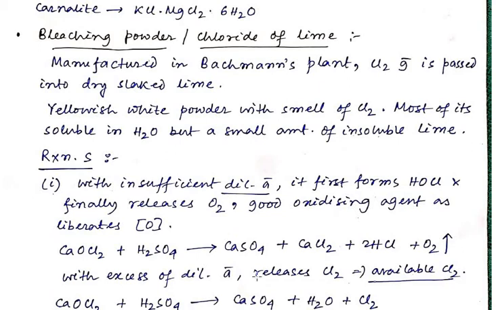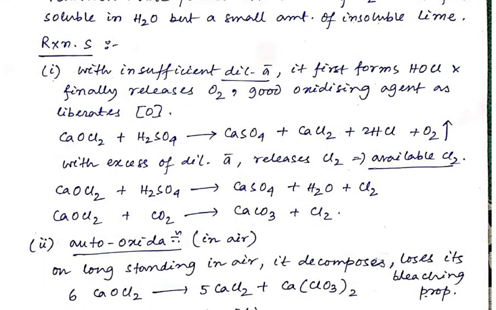With an excess of dilute acid, it releases Cl2 gas, which is also known as the available chlorine. So when the bleaching powder reacts with a sufficient amount of dilute acid, like H2SO4, it releases chlorine gas, known as the available chlorine.